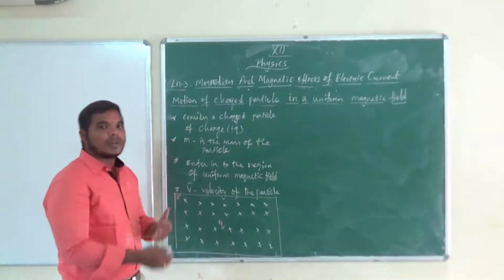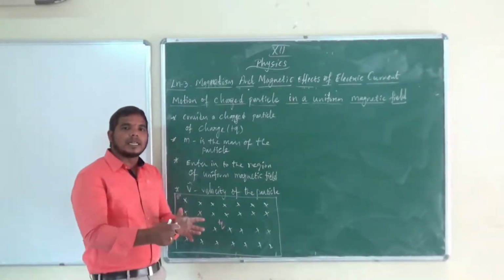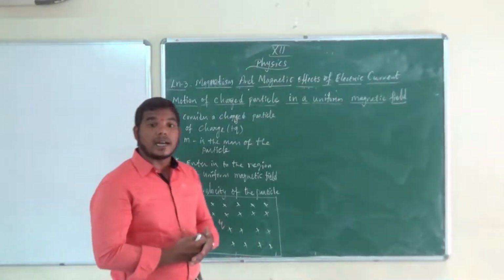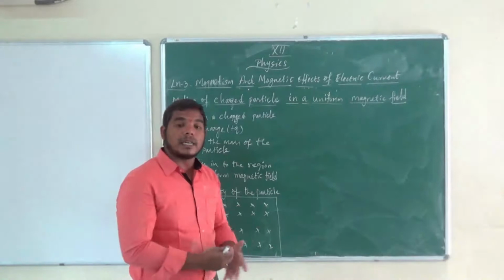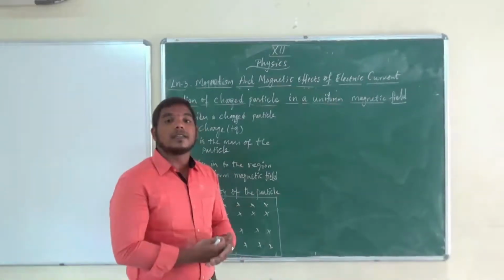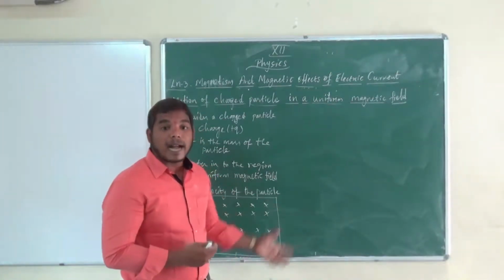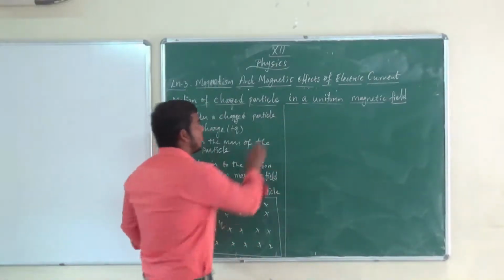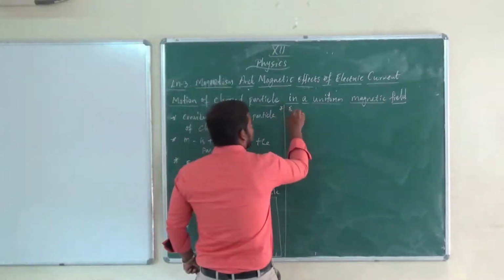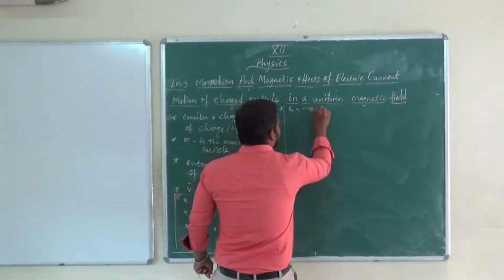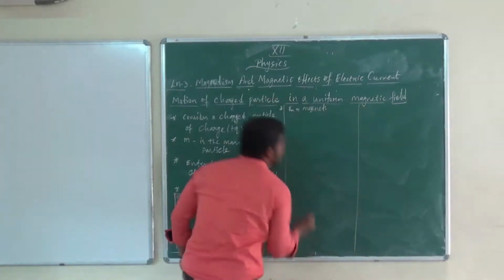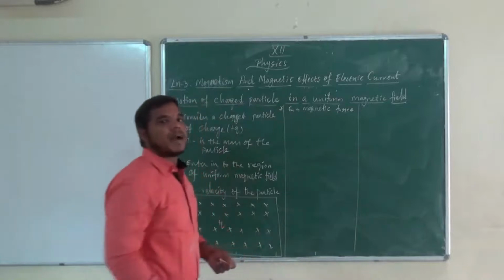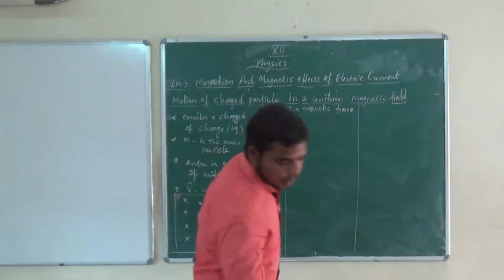Just now we have discussed that when the charged particle enters into the uniform magnetic field, it experiences a magnetic force. The magnetic force is called the magnetic Lorentz force.